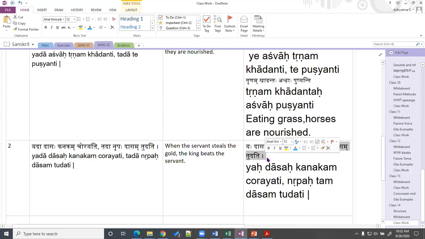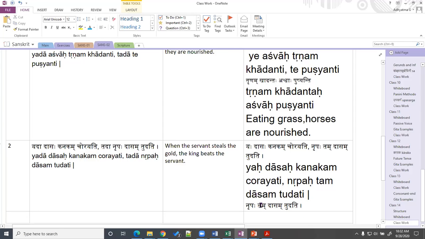So we'll say nrupaha, instead of tam, kanakam chorayantam dasam tudati. Nrupaha kanakam chorayantam dasam tudati.